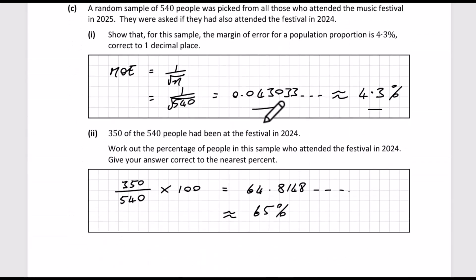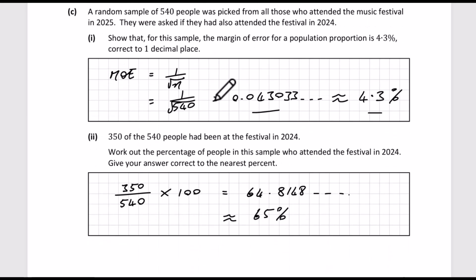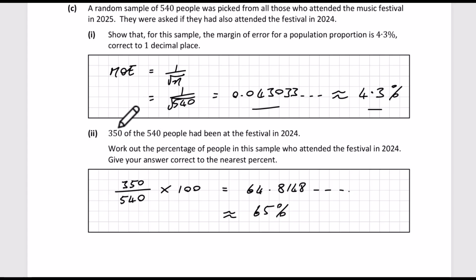So we saw up here that they took a sample of 540, and out of that 540, 350 of them had been at a festival in 2024. So remember, this is 2025 at the moment, so a sample of 540 had been taken, 350 of them had been the year before. The P hat, the sample proportion, is 350 over 540, or just 65%. This is the P hat here.